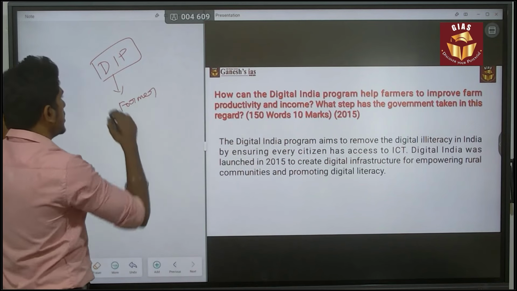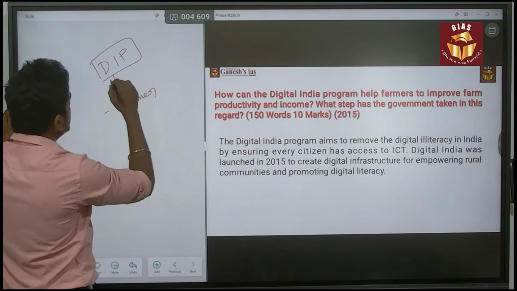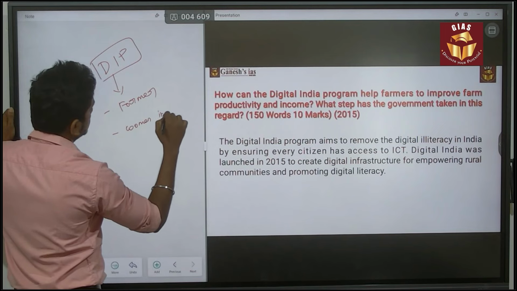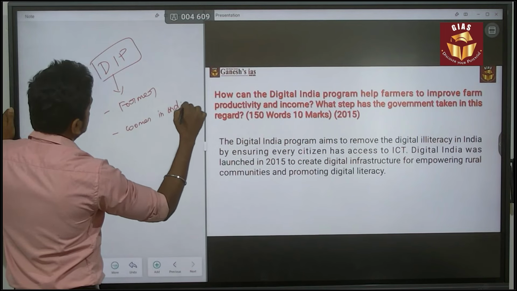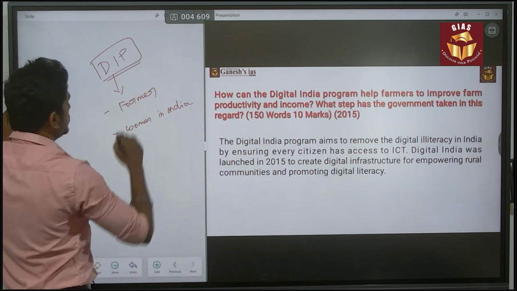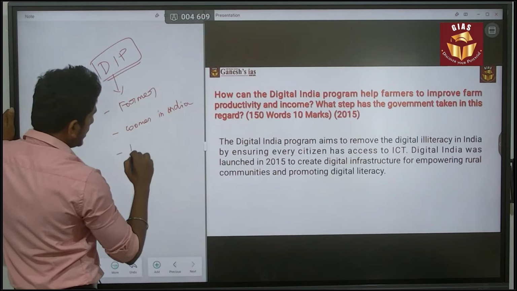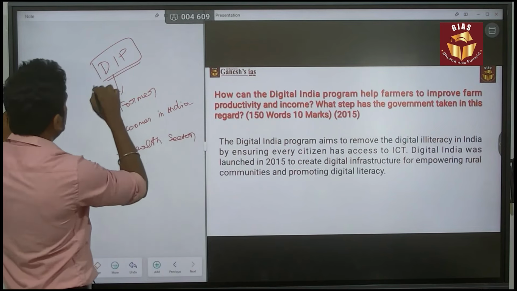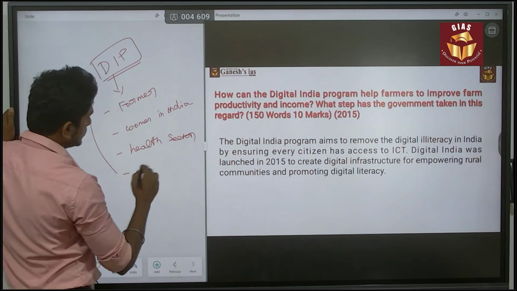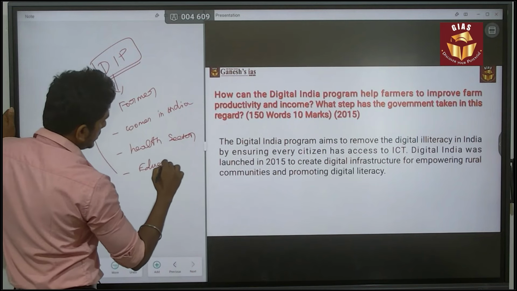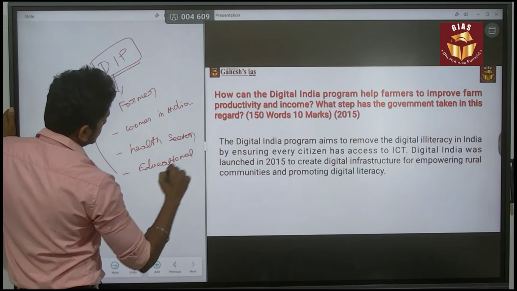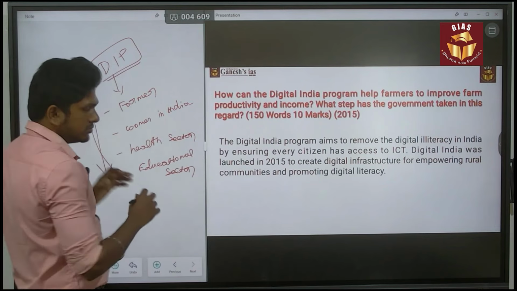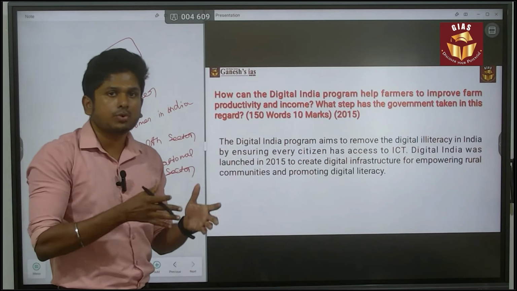But there is a possibility of other questions also, like how the Digital India program is going to help women in India, the health sector in India, or the educational sector in India. So you have to think in a diversified perspective for every program and scheme.